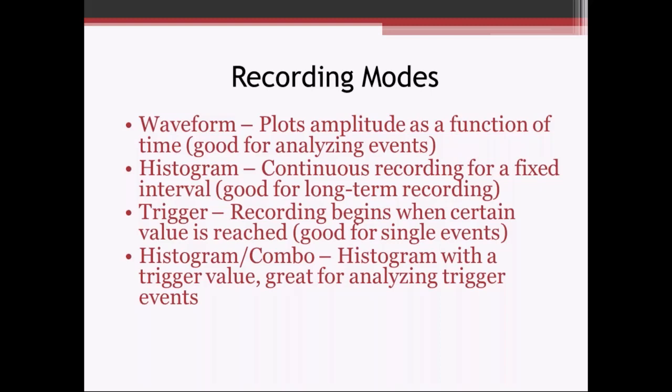And then it goes and records for the next minute and the next minute and the next minute. So you've got a long record of data, and you've got vibration data essentially for every minute while it's recording.